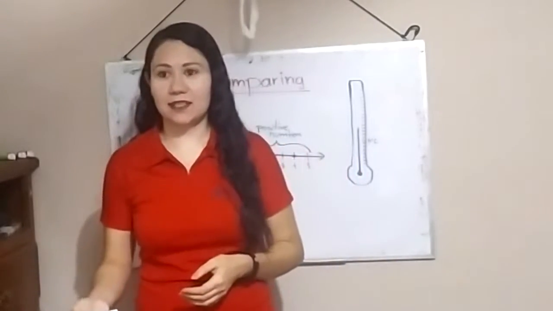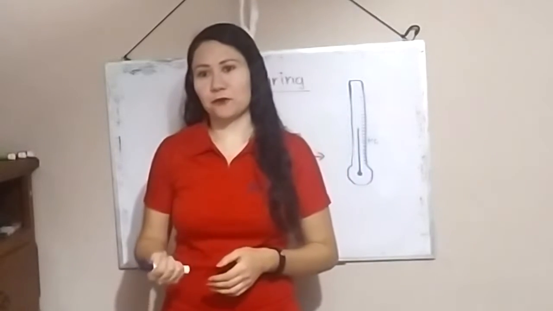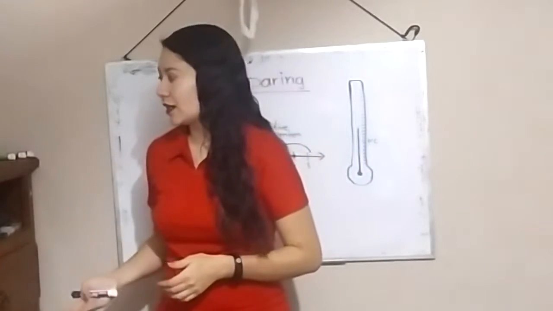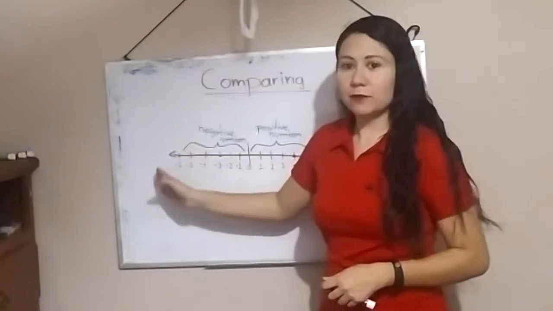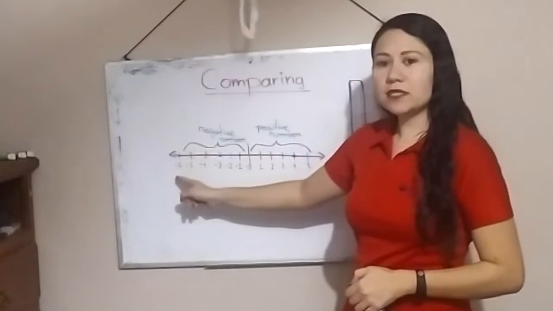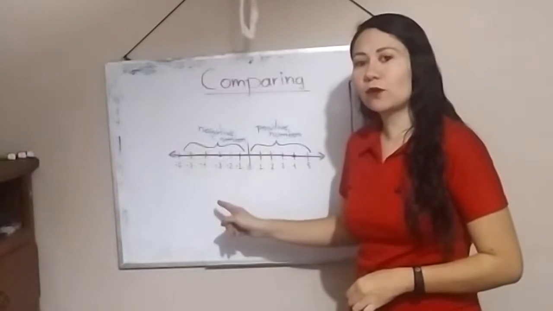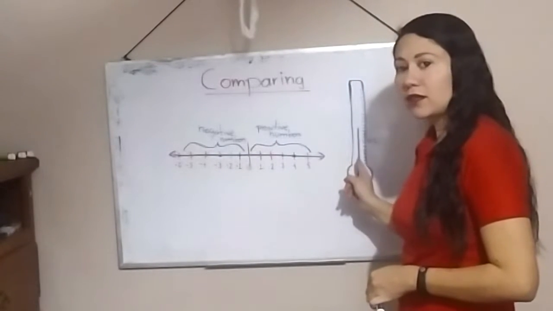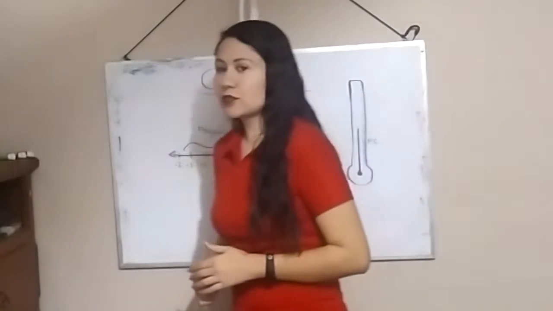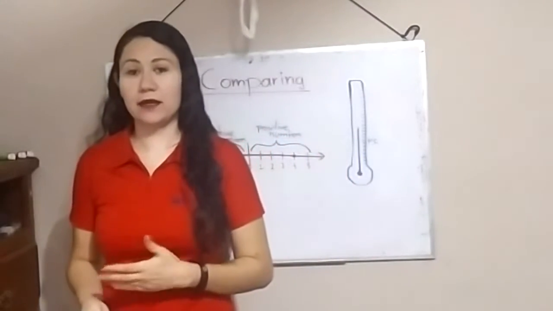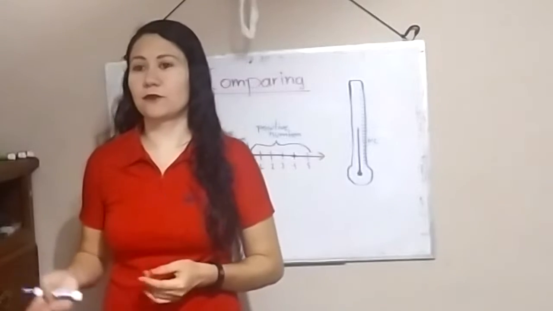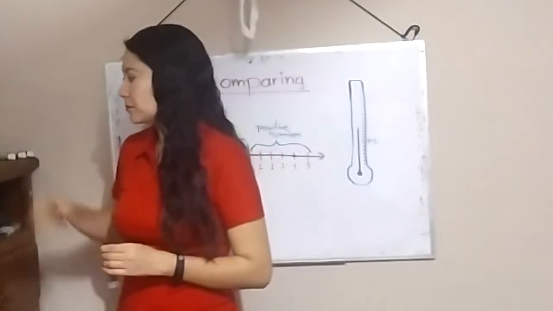It would be negative 6,040. And the opposite of negative 6, we have here the number line. Negative 6 is 6 places to the left of 0. We need to go 6 places to the right, and that would take us to positive 6. Those are the answers for your skill check number 1.